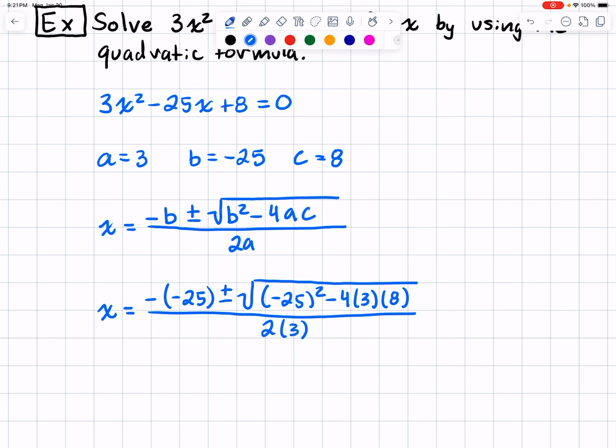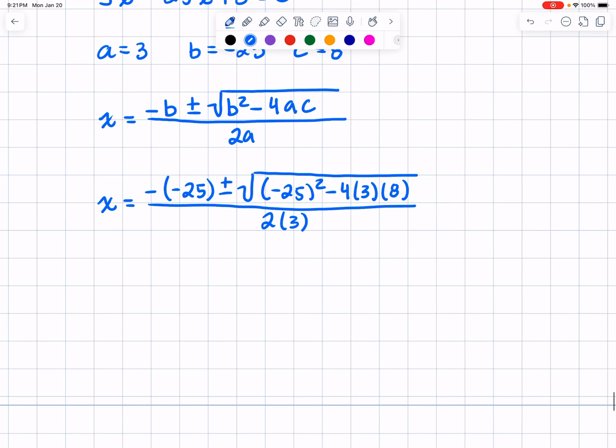Okay, so our next step here, negative 25, having these two negatives here, that makes a positive. So we have a positive 25 plus or minus the square root of negative 25 squared.